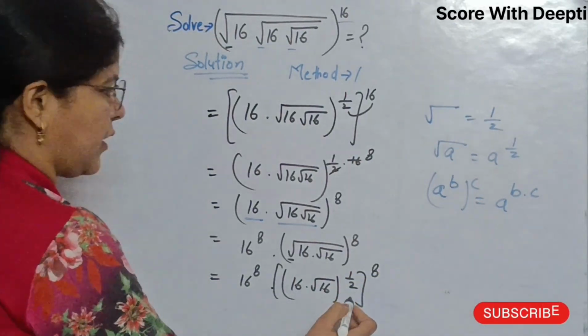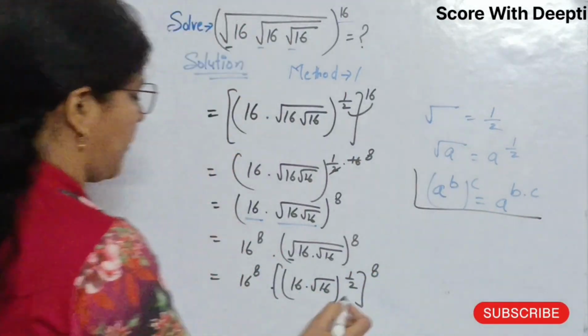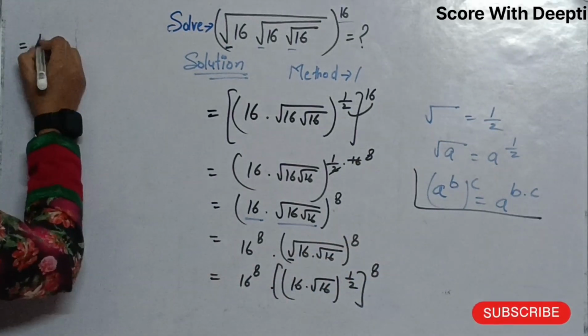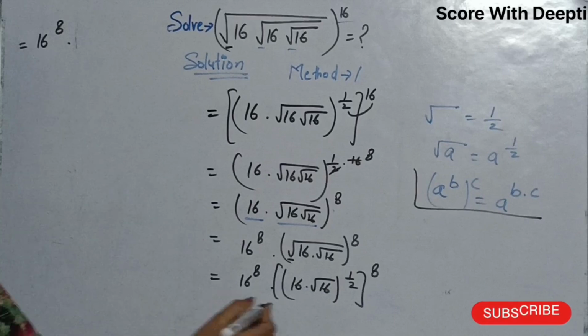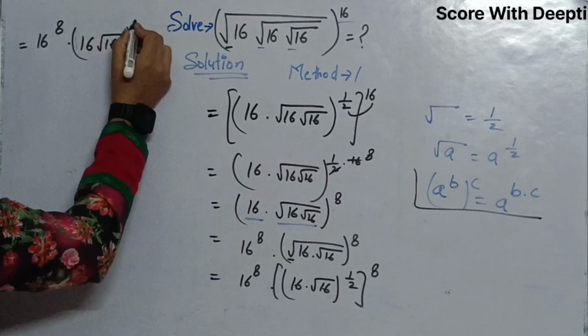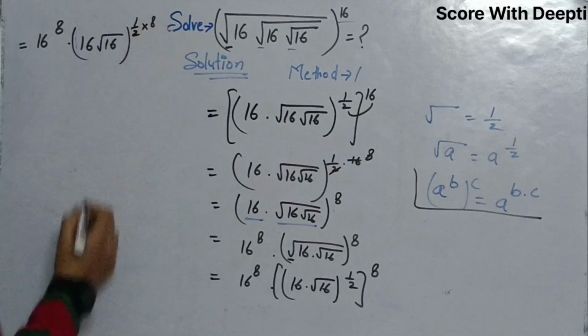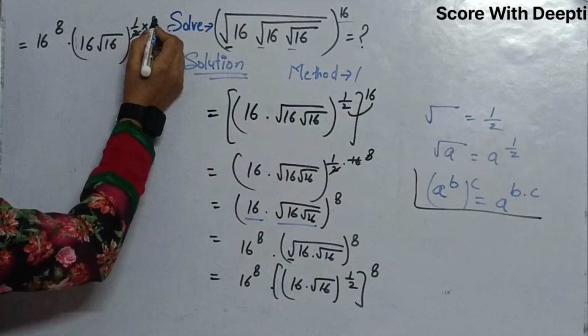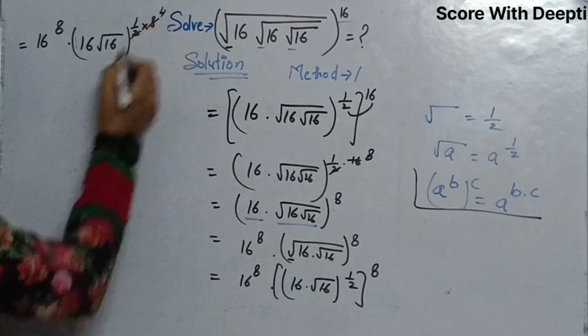Next, again here we apply this identity, and after applying it we get 16 to the power 8 into 16 under the square root 16 to the whole power 1 by 2 into 8. We apply this identity here, and we cancel out 8 with 2 and get 4.